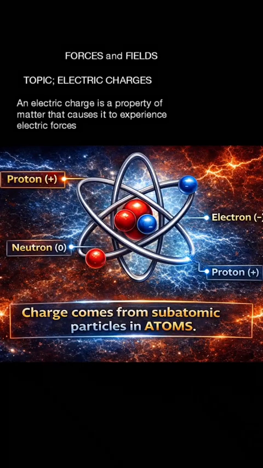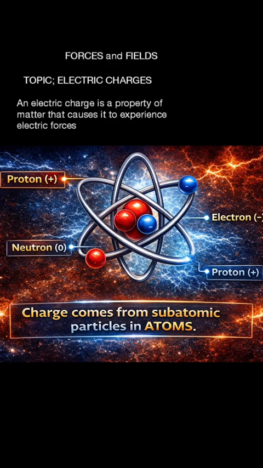Where do electric charges come from? All matter is made up of atoms. An atom contains protons, which are positively charged, electrons, which are negatively charged, and neutrons, which have no charge, so they are neutral. Normally, the number of protons is equal to the number of electrons, so the atom is electrically neutral. Electric charges appear when electrons move.